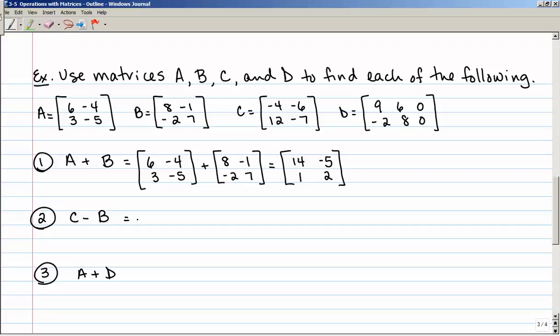Let's do example number 2 here. Matrix C minus B. So let's go ahead and copy those. And we're going to subtract.